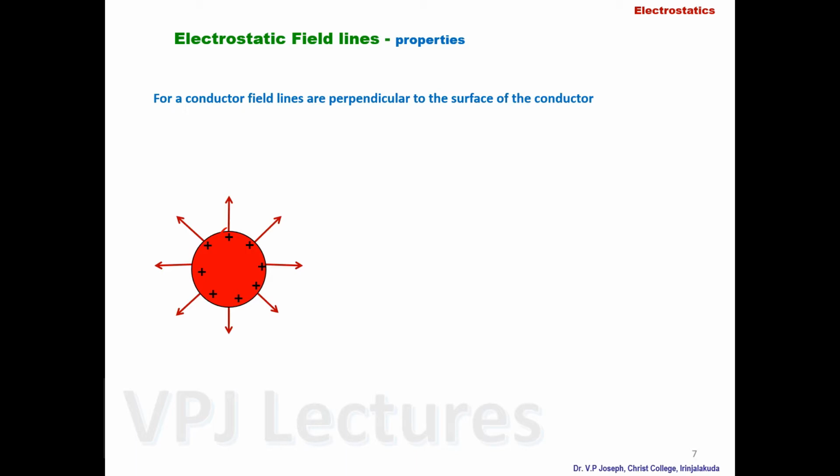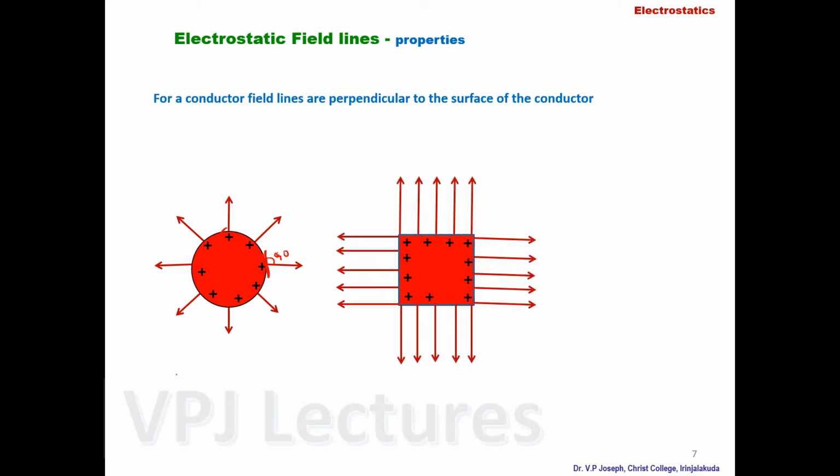The flux lines will be perpendicular to the surface, that is, if you draw a tangent here, the lines will always be perpendicular to it. And if instead of a spherical shape, you consider a rectangular shape like this, the flux lines will be perpendicular to the four sides, and this will be the shape of the electric field lines.